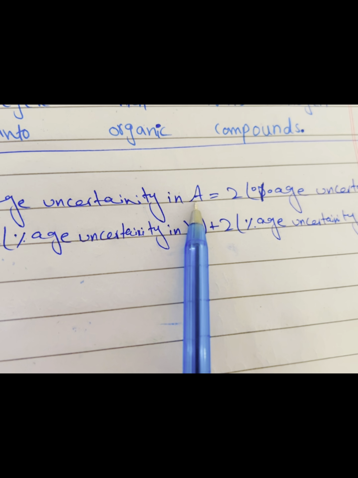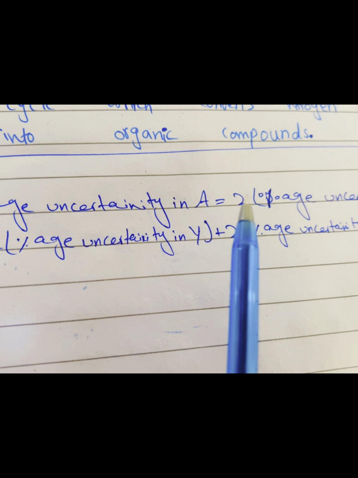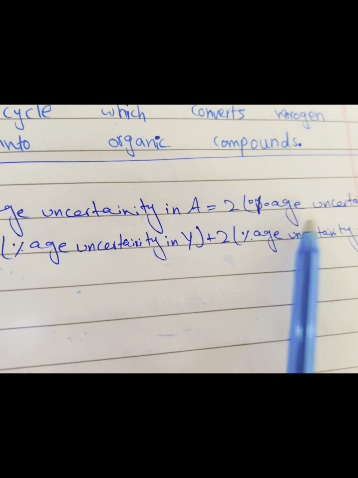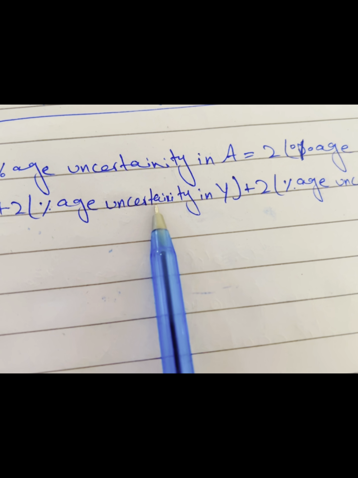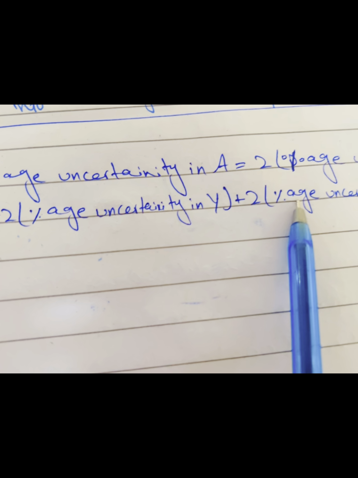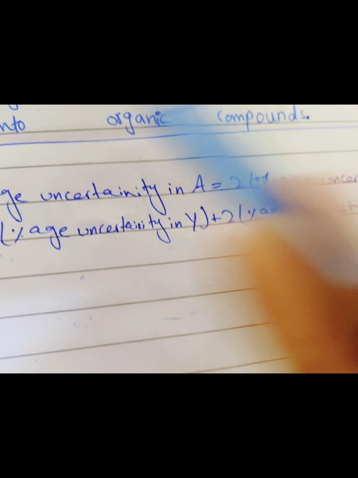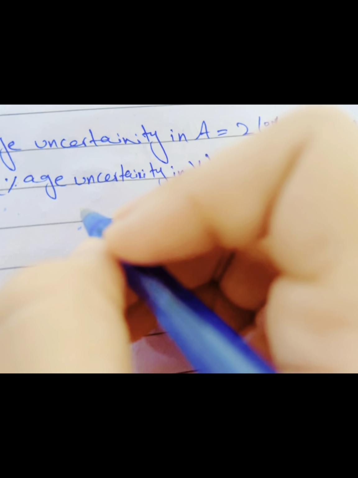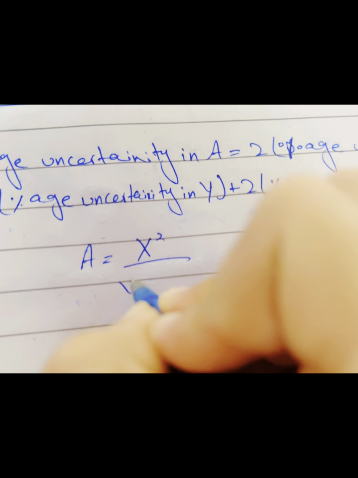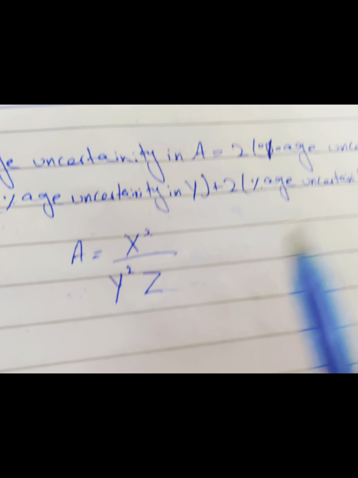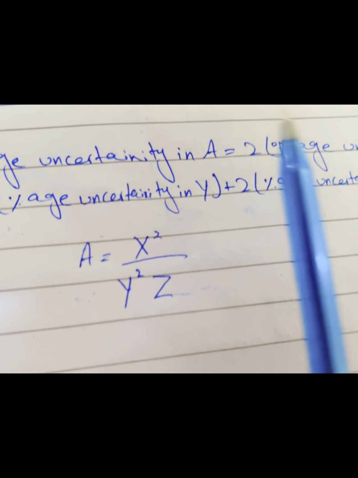Percentage uncertainty in A, which we have to calculate, is equal to 2 into percentage uncertainty in x plus 2 into percentage uncertainty in y plus 2 into percentage uncertainty in z. Because there is an expression of A is equal to x square by y square z. That's why this formula holds.